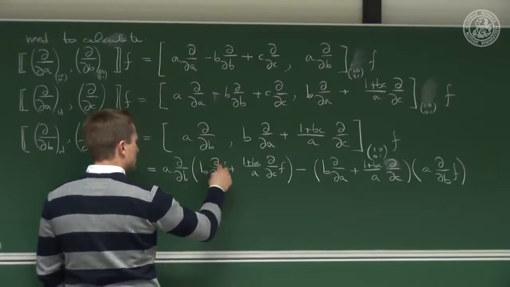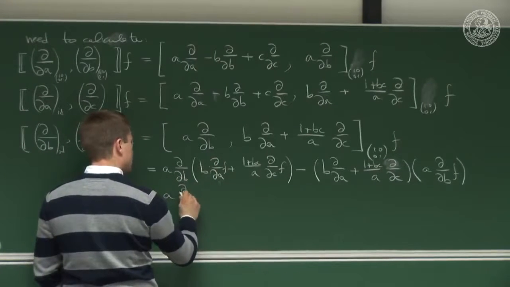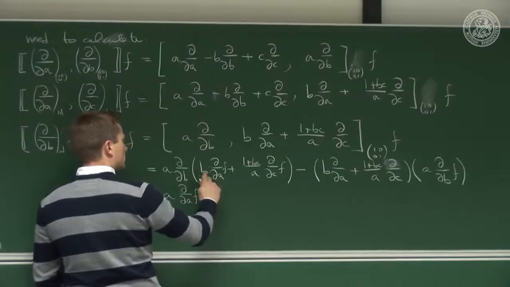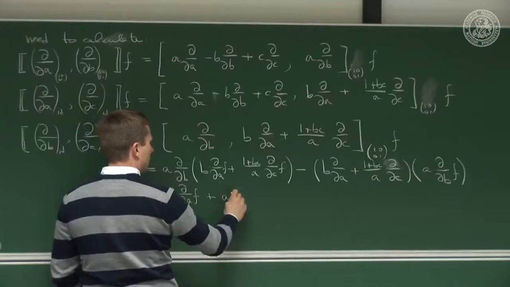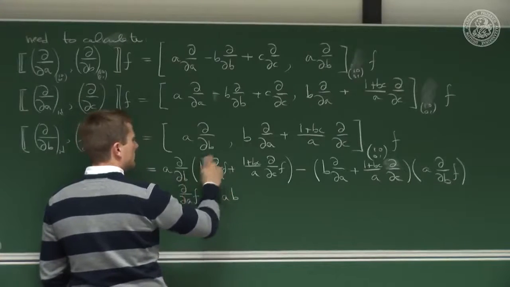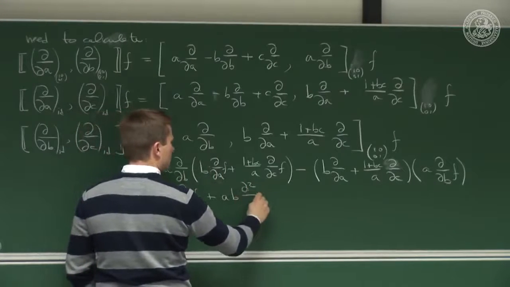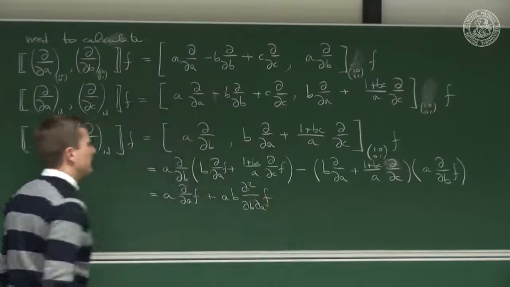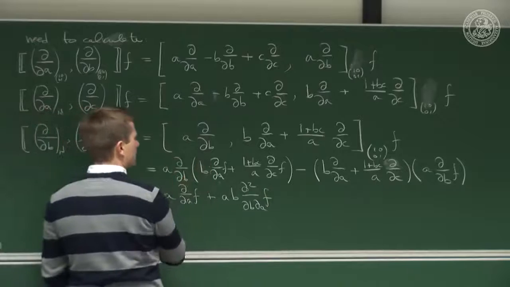So this is 1 times, and then all that's left is d by dA f. But now because of the product rule, there's an extra term. There's the term a, you keep the b, and you let this derivative act here. So you get a second derivative, d2 dB dA acting on f. So that's the action here.